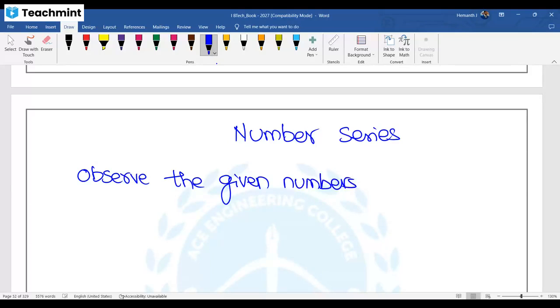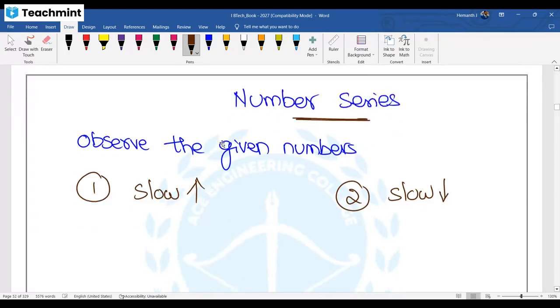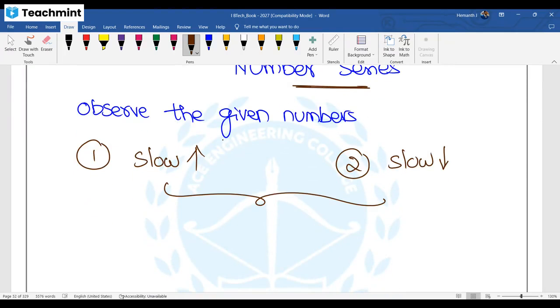If the given numbers are slow increasing or slow decreasing, then these two types of questions can be handled by taking the difference between numbers. If numbers are slow increasing or slow decreasing, take the difference between the numbers and you can solve the question.